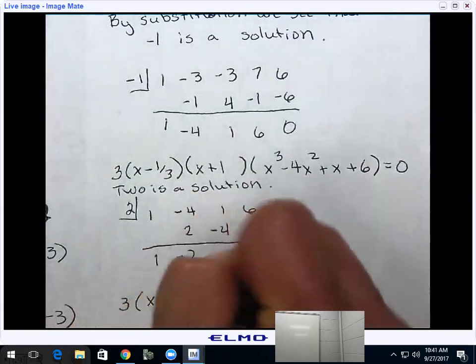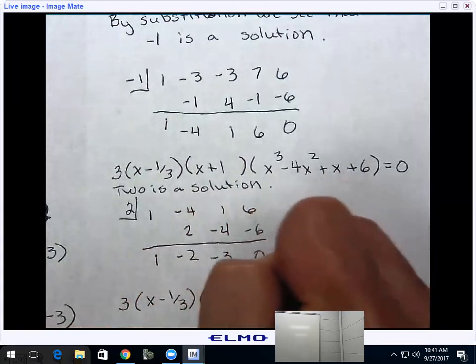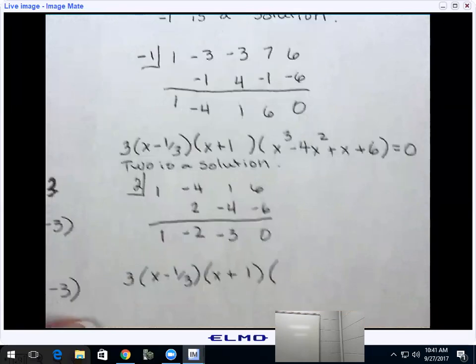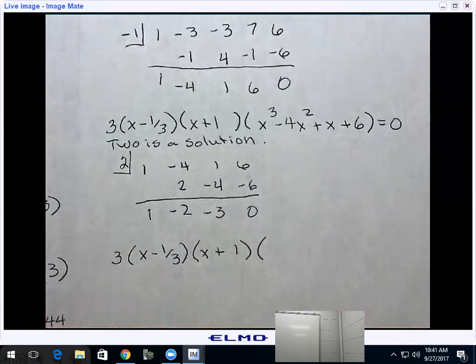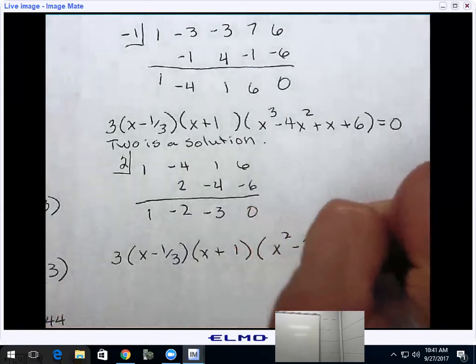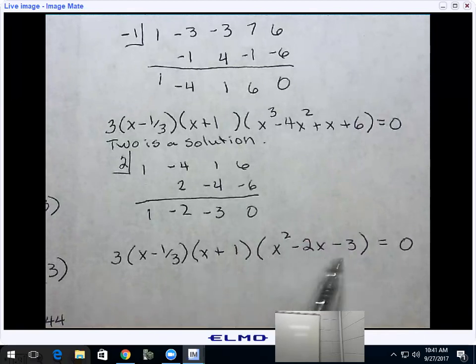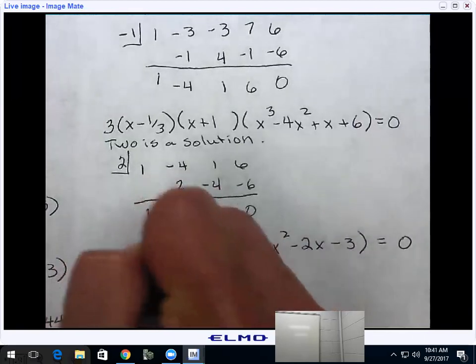Don't lose any piece of the puzzle. Don't lose your 3, your x minus 1/3, or your x plus 1. But now we have the quadratic factor, x squared minus 2x minus 3. And thank goodness that is the easy kind of trinomial and it will factor.